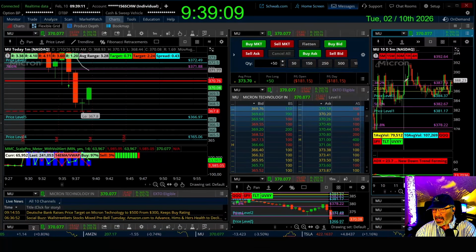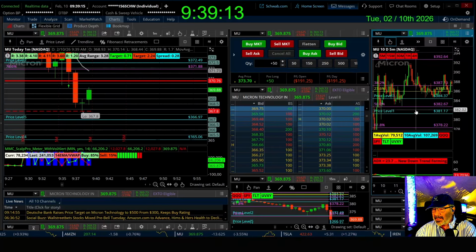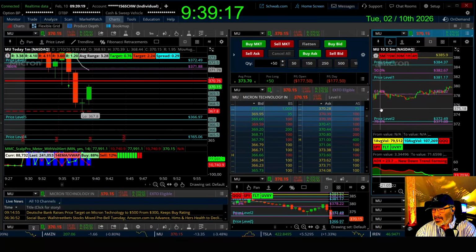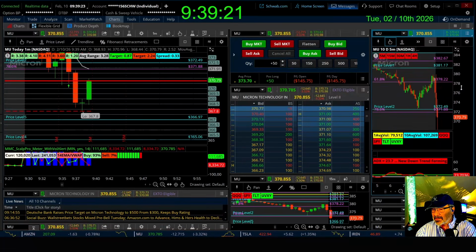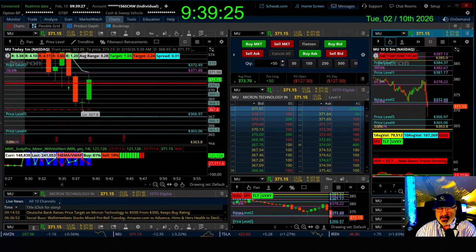You kind of expect that with a large cap, that it goes back and forth. I would rather trade this in a much larger account, as you've seen me do, because I could have added down there and made some big money as it came back up to the ATR. Let's hope it breaks through this ATR. Yep, it did. So it's on the way back up.